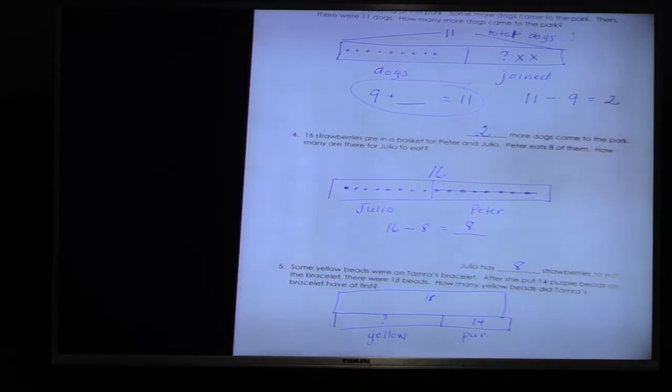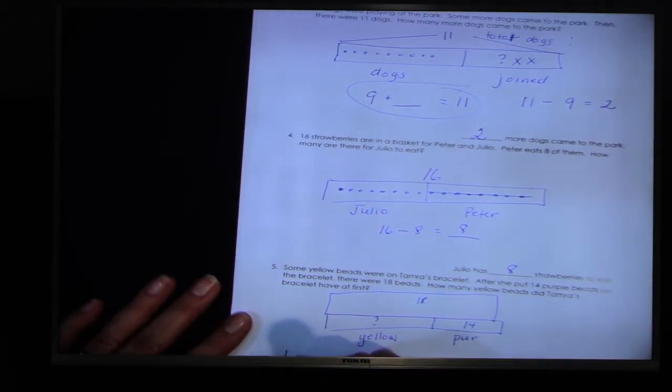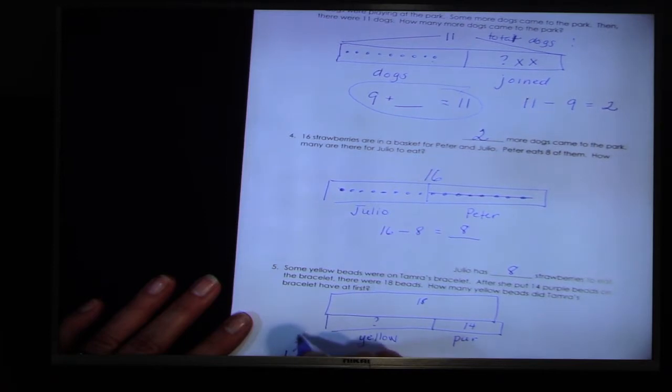Now I just switched to numbers. There will be kids switching to numbers by the end of this unit. They have the number sense to be able to do that. Or they write this with numbers and then they come down here and figure it out. So if I have 14, I need to get to 18, so that would be 14, 15, 16, 17, 18.